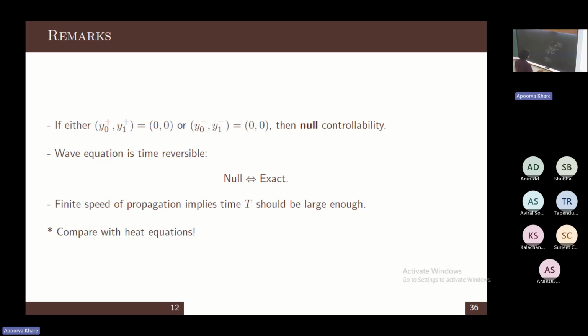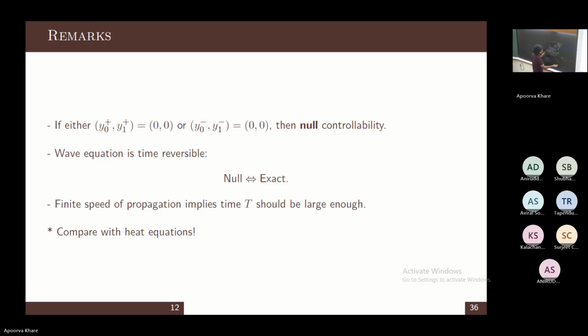And if you want to go from null to exact, so if I have null controllability, I want to show exact. For this, you are given any 2 points A and B, and you want to show that you can go from A to B. So what I will do is use this: you can go from A to 0.